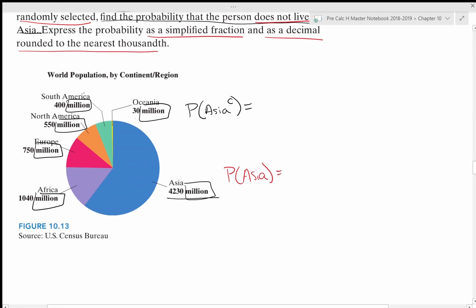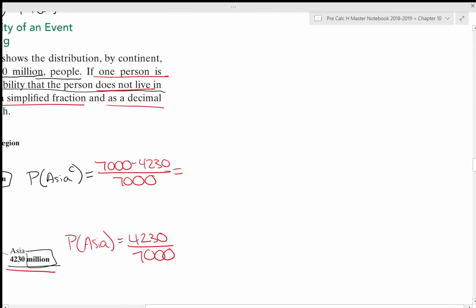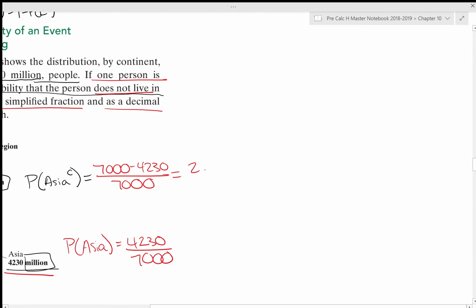So I see Asia is 4,230 million out of the 7,000. So to figure out not Asia, I know that out of the 7,000 million, 4,230 live in Asia. So the rest, right? So I'm going to do 7,000 minus 4,230 all over 7,000 to give me that probability. When I subtract, I'm going to get 2,770 over 7,000.